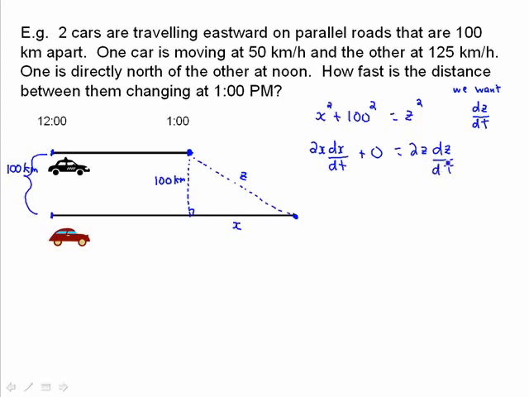Same method as always, we differentiate implicitly. I'm going to divide the 2's out to get a nice easy equation: x dx/dt is equal to z dz/dt.